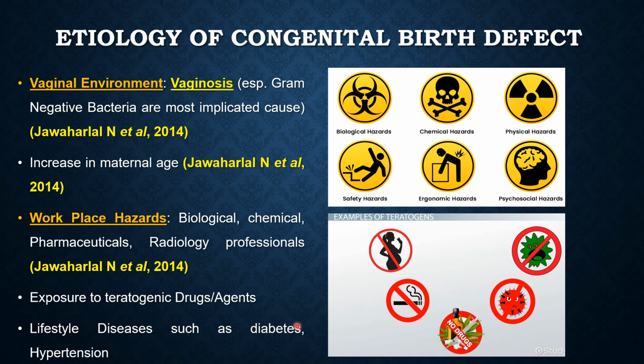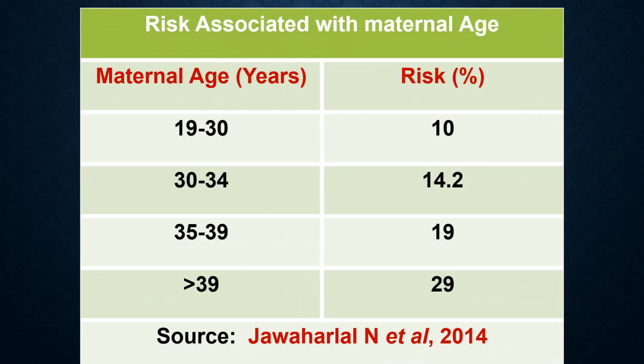If the mother is suffering from lifestyle diseases such as diabetes and hypertension, she also has the chance of having a baby with congenital birth defect. These are the percentages associated with an increased risk of a baby with congenital birth defect. We can see here that a mother more than 39 years of age has a 29% risk of having a baby with congenital birth defect.